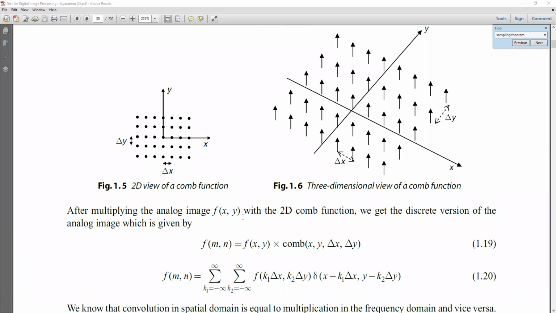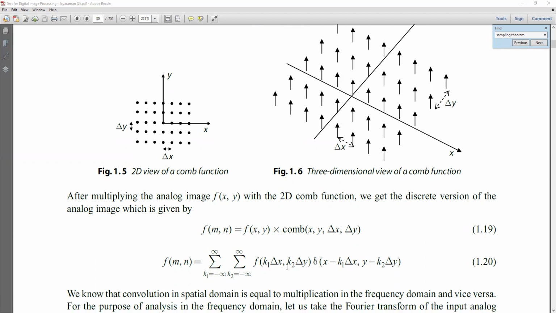So the analog image f of x comma y is multiplied by the comb function and you get f of m comma n. So this is the sampled function, f of m comma n.